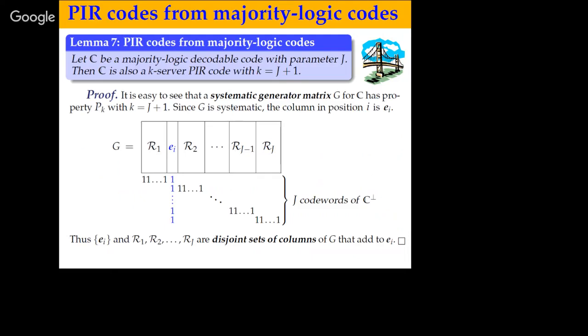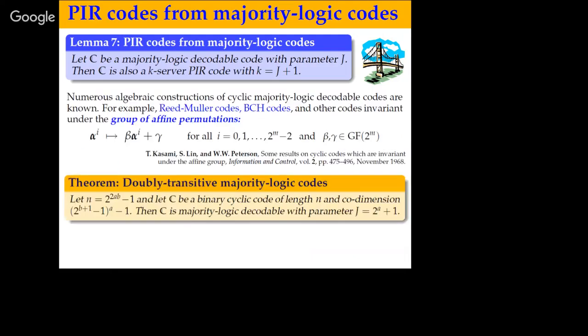Okay? Good. All right, so now what it means is we can open the books, go back to papers that were written in the 70s. There's a lot of work that went into majority logic decodable codes, lots of beautiful algebraic constructions. This is probably the strongest one. I'm not going to explain it in any detail.